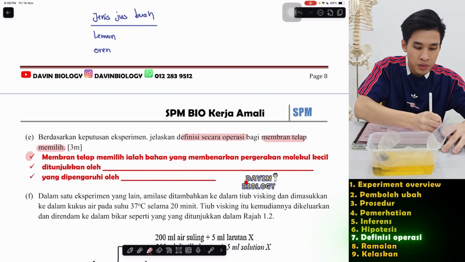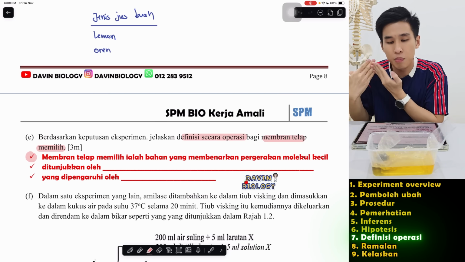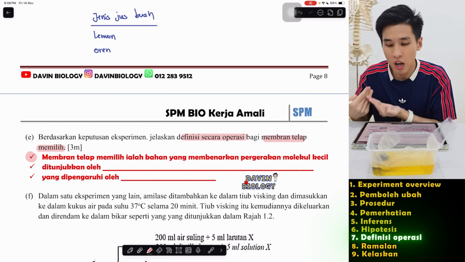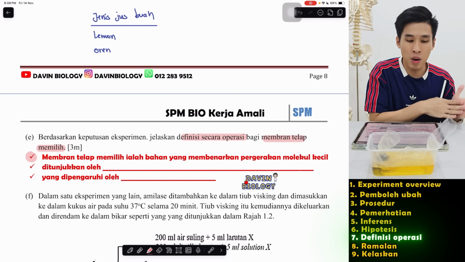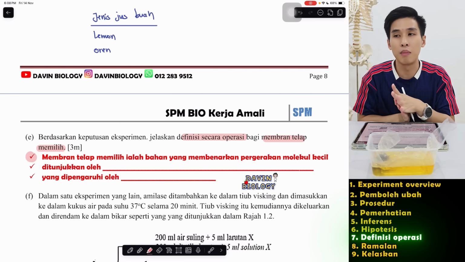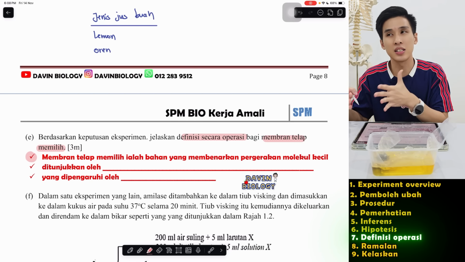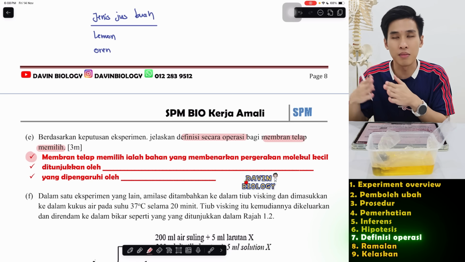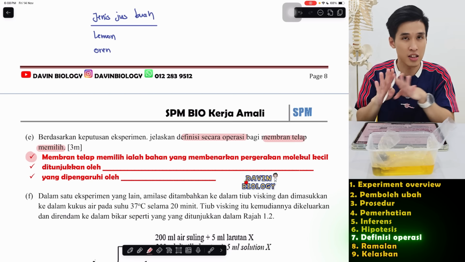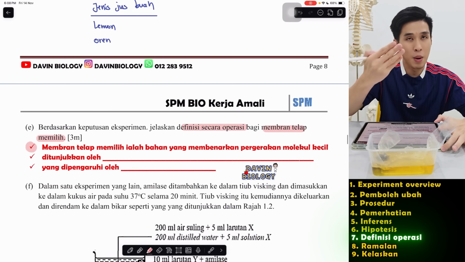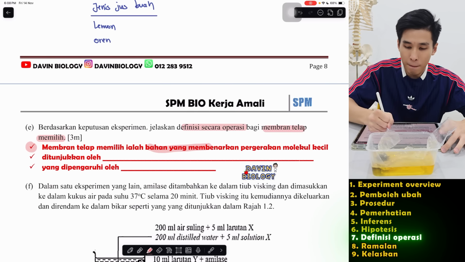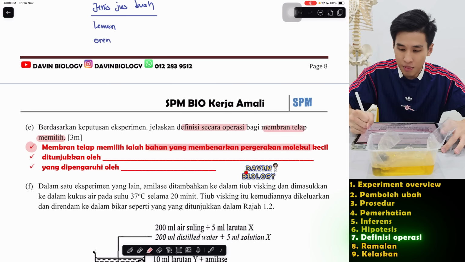So for the first point, you must nyatakan apakah dia punya definisi berdasarkan eksperimen. So it's not you copy from your textbook. Membran telap memilih ialah membolehkan pergerakan sesetengah bahan manakala menghalang bahan yang lain. Okay, not like that. You must say membran telap memilih ialah bahan yang membenarkan pergerakan molekul kecil.